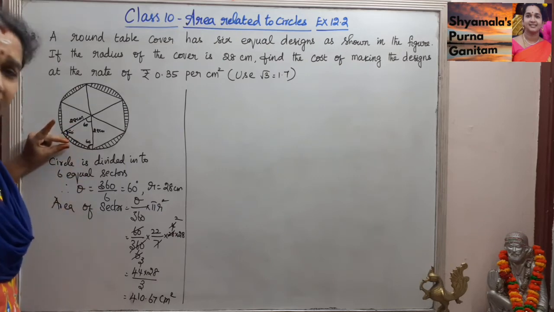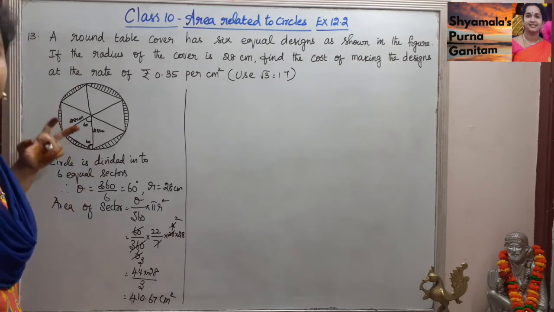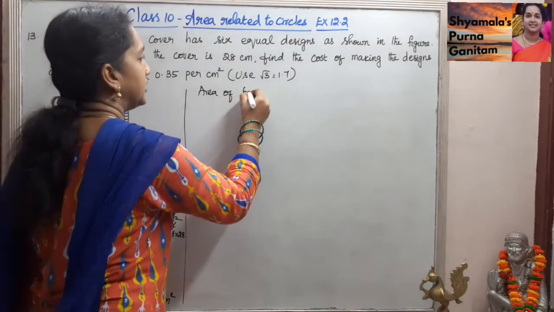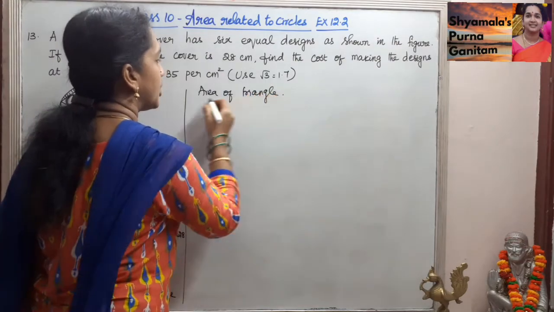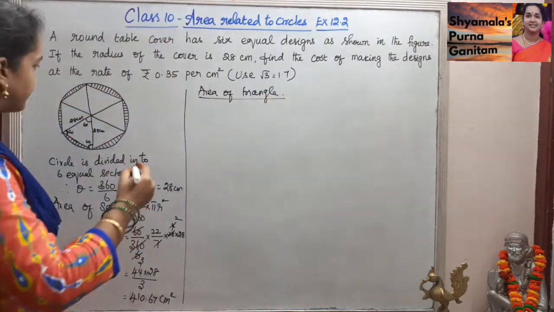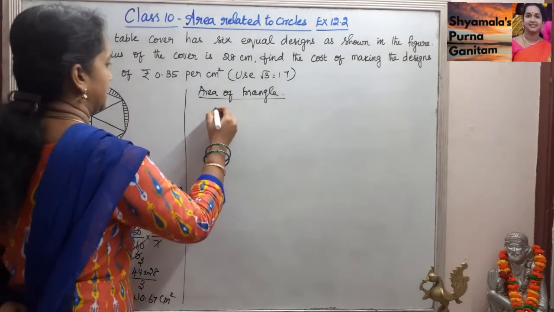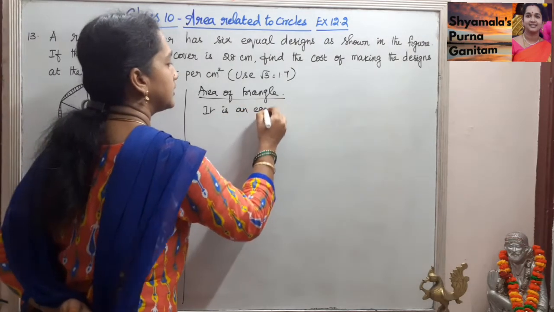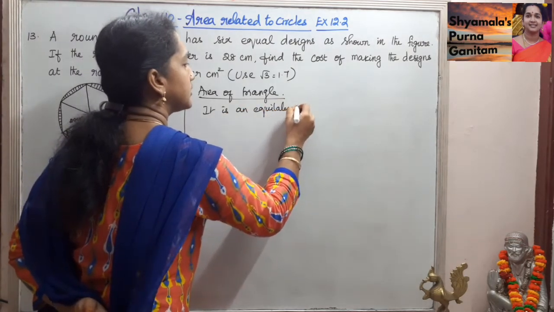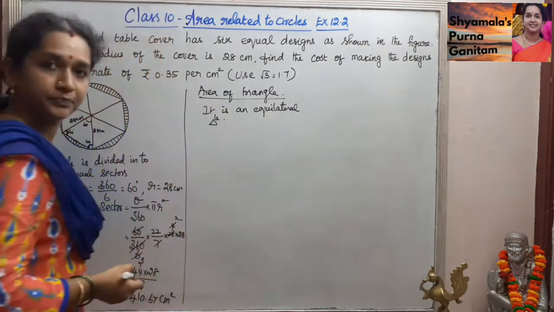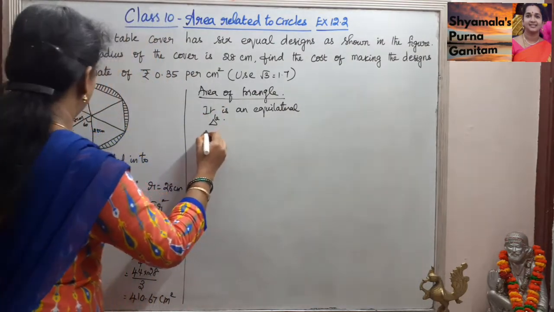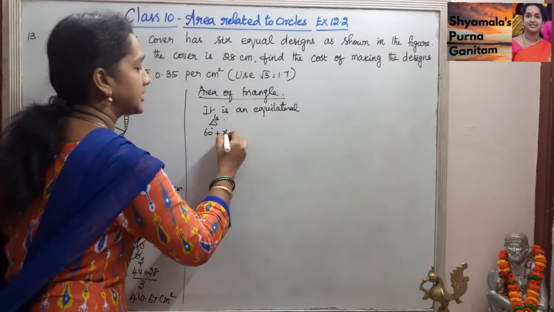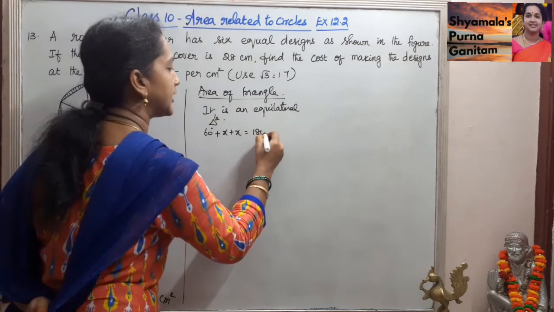Now we have to find for the segment. For that we need the area of the triangle. It is an equilateral triangle. So base angles are equal, that is 60 plus x plus x is equal to 180 degree.